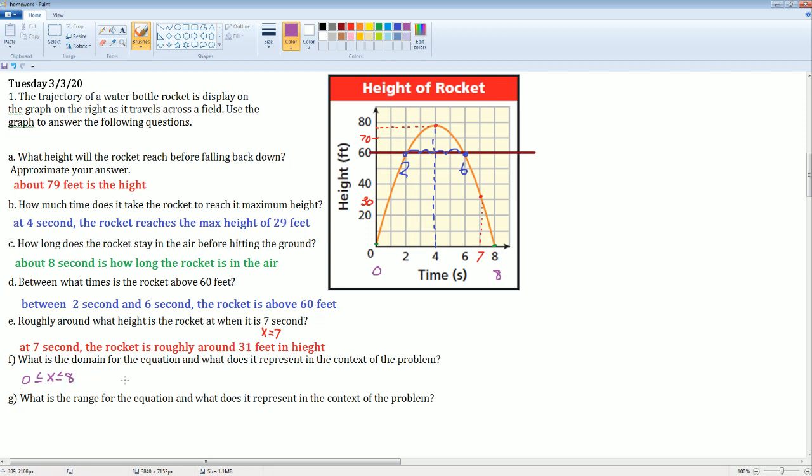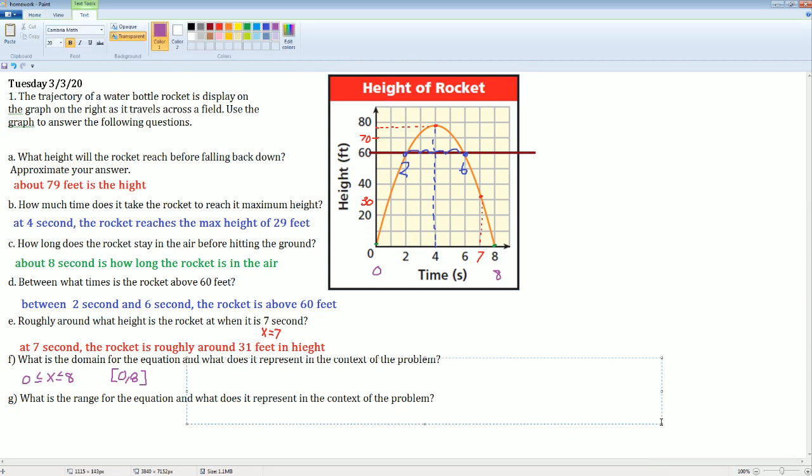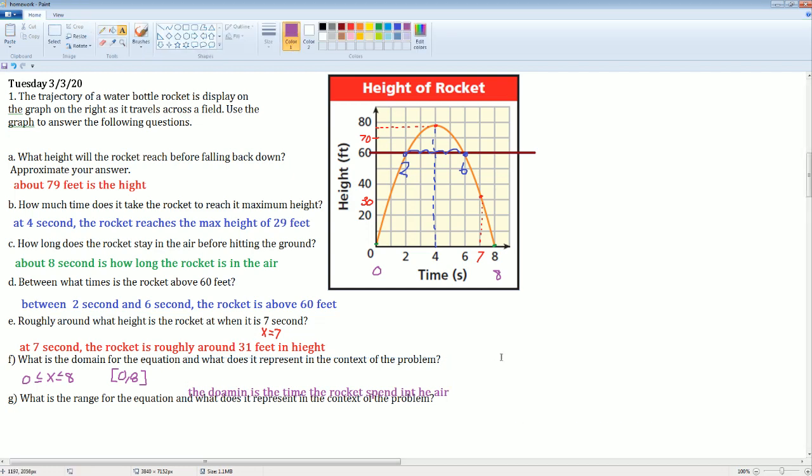Or if you want to write this in interval notation, 0 to 8. And what does this mean? All we have to do is write the units for it. We would say that the domain is the time the rocket spends in the air, because that is what the x-axis represents in the context of this problem.